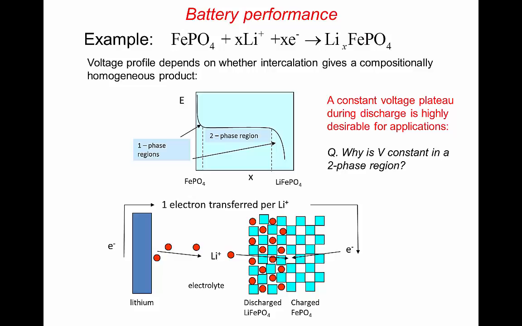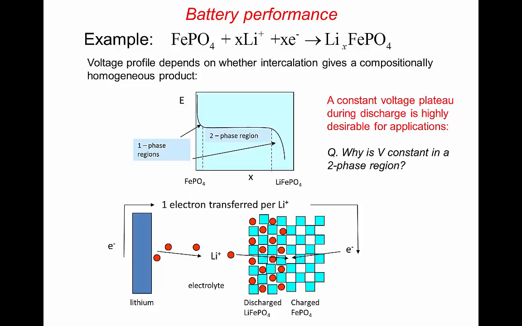But you don't have regions where you've got a uniform distribution of less than 1 lithium per formula unit of FePO4. And that is illustrated at the bottom there, where you have the discharged product and the charged product and the charge state without intermediate states.